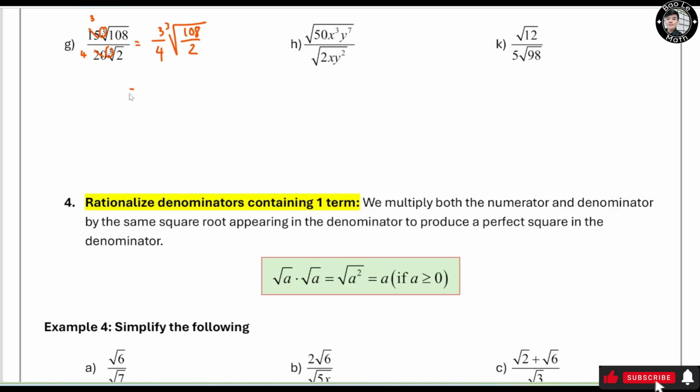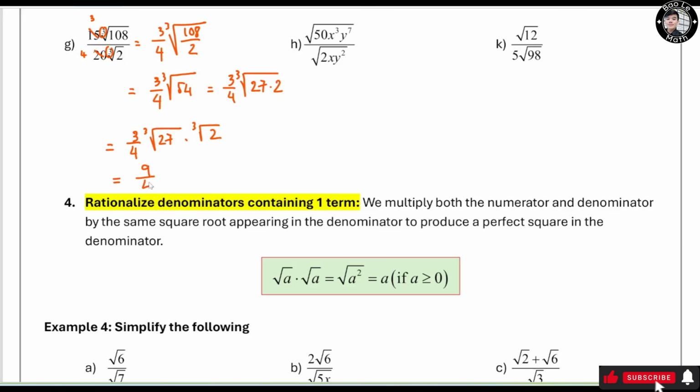We simplify this one. 3 over 4. 108 divided by 2, it will be 54, right? Now 54 can be written as 27 times 2, right? So this guy turns out to be 3 over 4 cube root of 27 times cube root of 2, right? Cube root of 27 is 3, right? 3 times 3 equals 9, right?